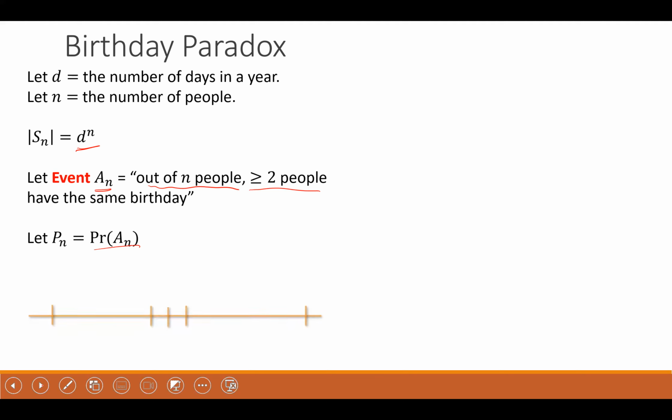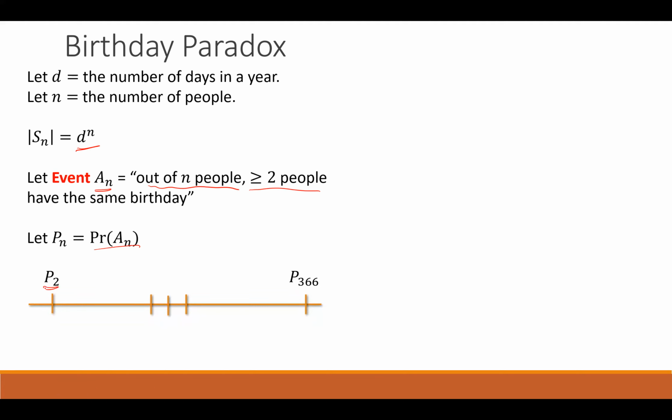So 2 things that we know. For 2 people and 365 days, we have a probability of 1 over 365. And if we have 366 people and 365 days, then we have a probability of 1.